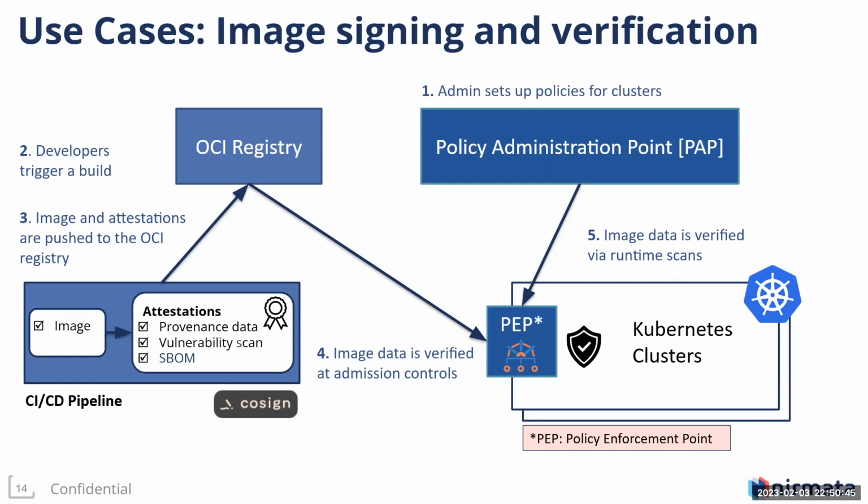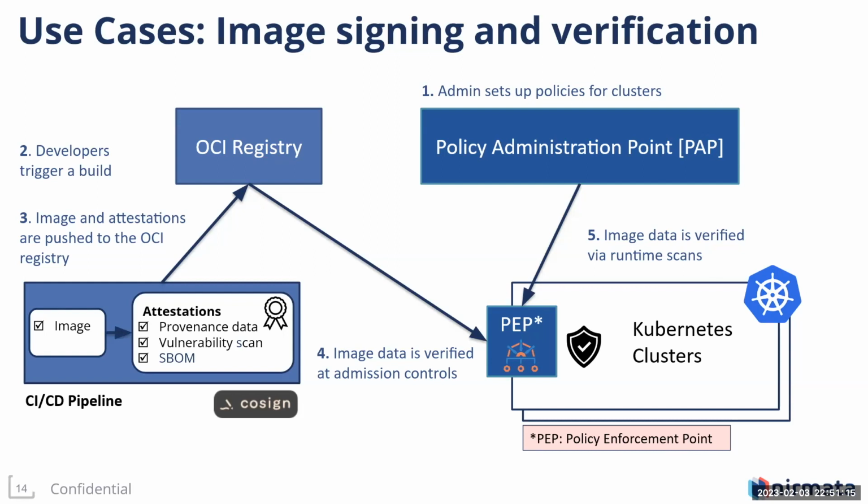Kyverno is looking to add support for Notary v2 in the next version, but right now Sigstore cosign is what we're currently using. Depending on how you use cosign to sign your images, you codify that in a policy, and then whenever that image gets built through a trigger, it will get signed and pushed to the OCI registry. You can do things like attest to images and also have those stored in addition to your signatures.